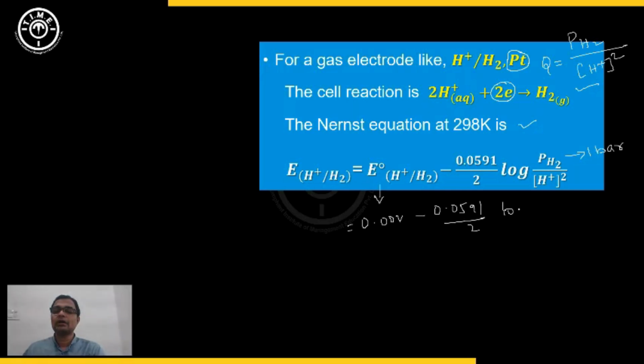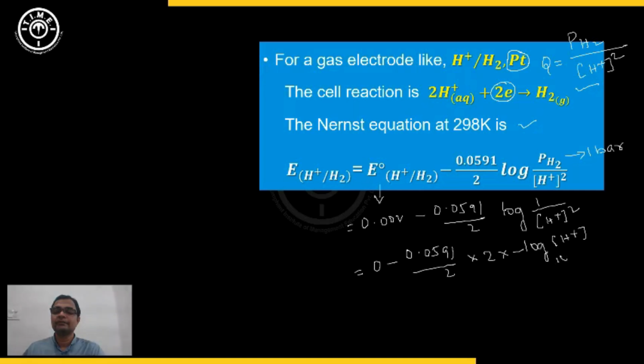Then log of 1 by H plus ion concentration, when it moves to the numerator, 0.00 volts minus 0.0591 by 2 multiplied by 2 into minus log of H plus ion concentration.